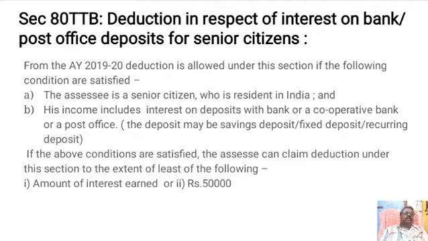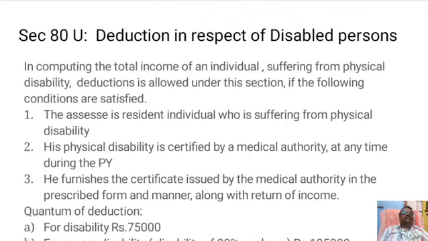If the above conditions are satisfied, the claim of deduction under this section is to the extent of the least of the following: amount invested and interest earned, or ₹50,000. And the last deduction is under section 80U in respect of a disabled person.